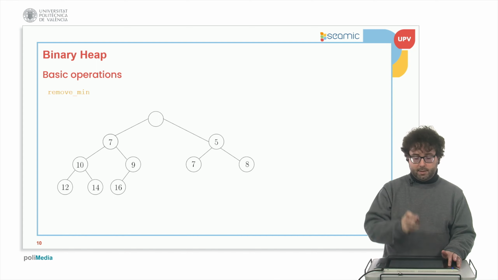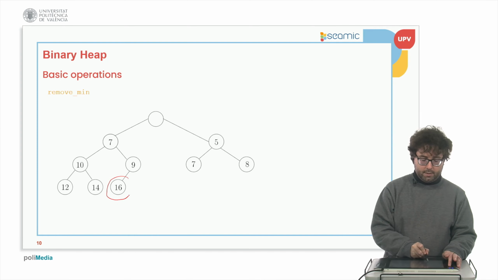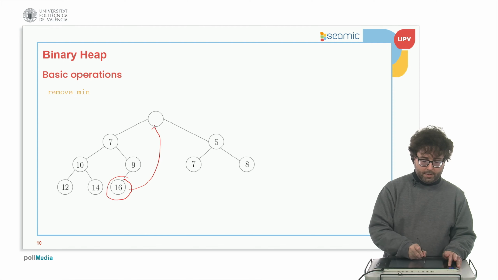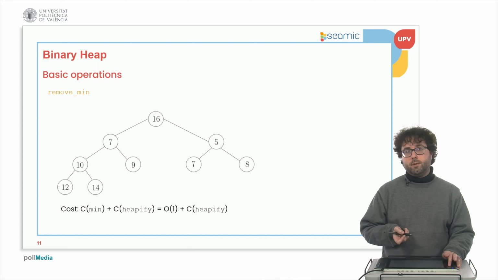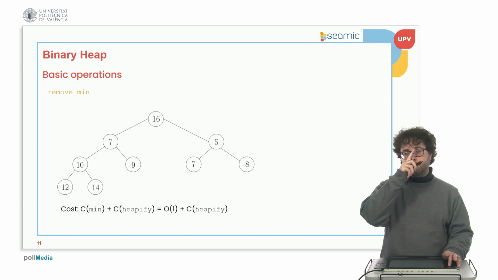We can do it just by taking the last child, in this case the leaf from the bottom level, the rightmost one, and placing it as the new root. This maintains one property, but not the heap property of the order. To maintain this property, we will need a second operation called heapify, that we will talk about in a moment, but it's basically starting from a position just to maintain the order.